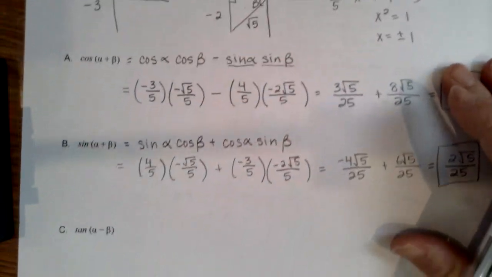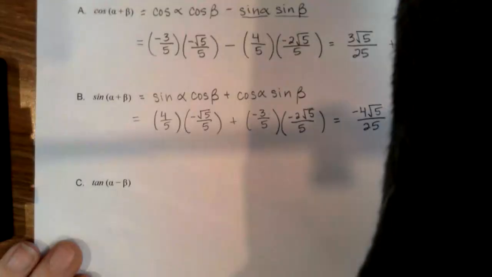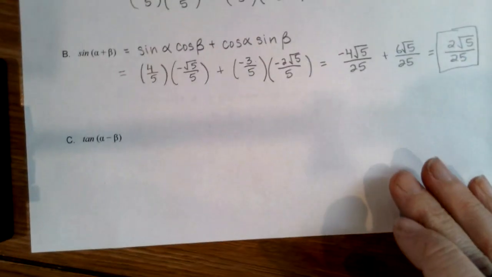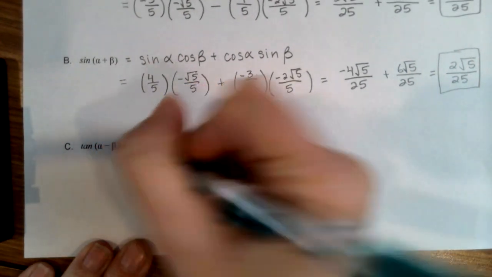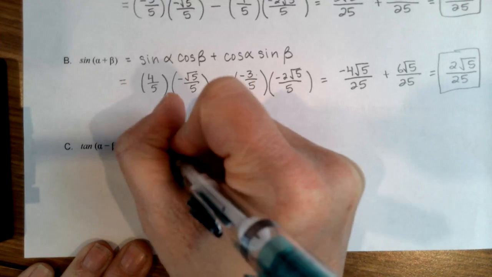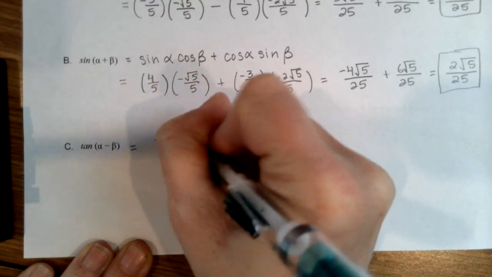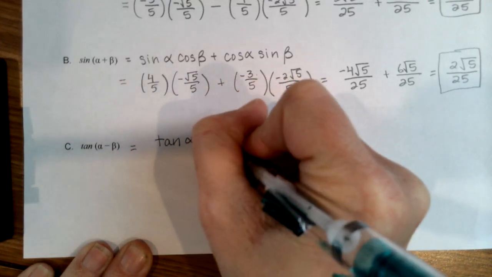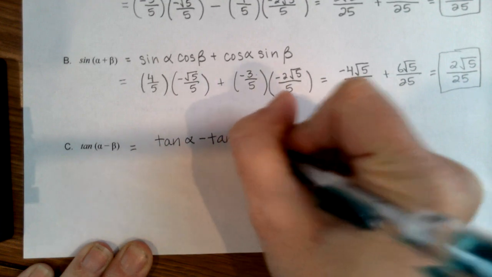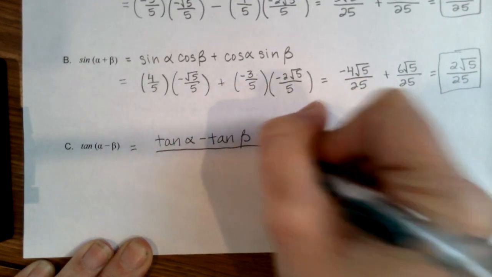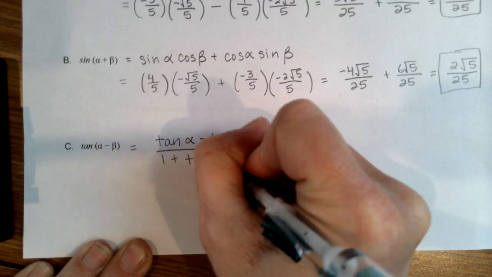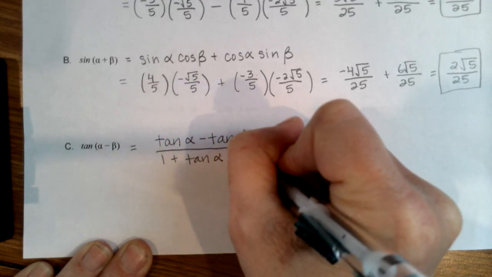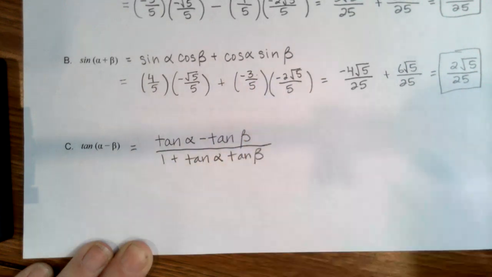In my last problem, tangent of alpha minus beta. I can see that this is, from my formulas above, tangent of alpha minus tangent of beta over 1 plus tangent of alpha times tangent of beta.